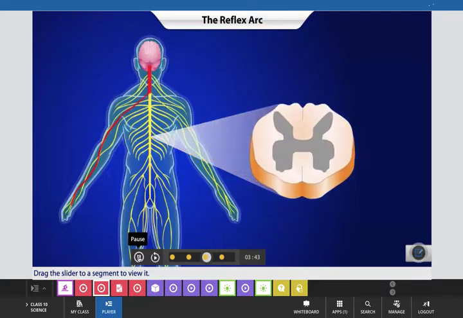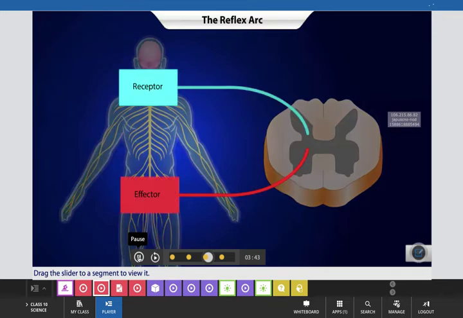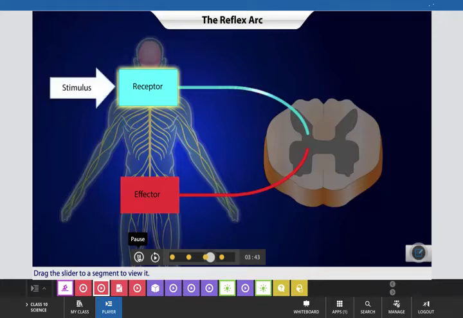Now see how a reflex action goes on in our body. In a reflex action, receptors, which are specialized cells, receive the stimulus. A sensory neuron carries the message from the receptor to the spinal cord and brain.